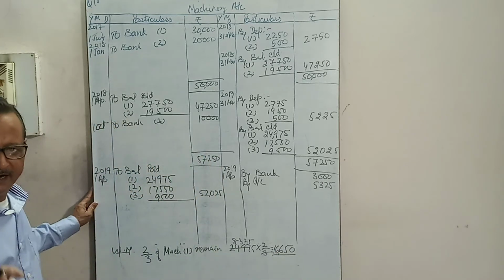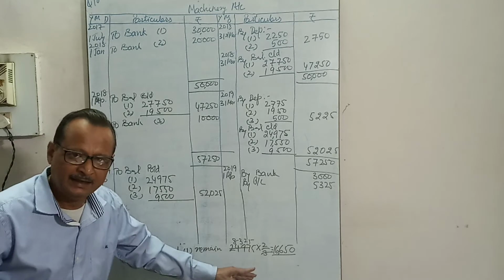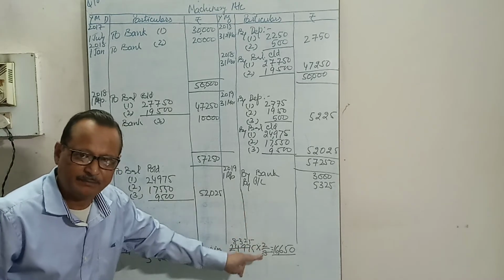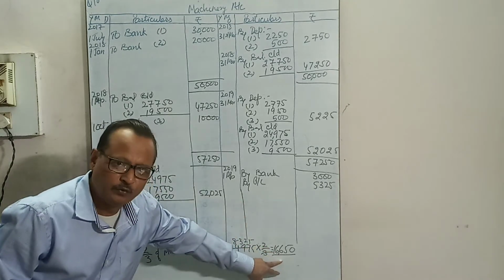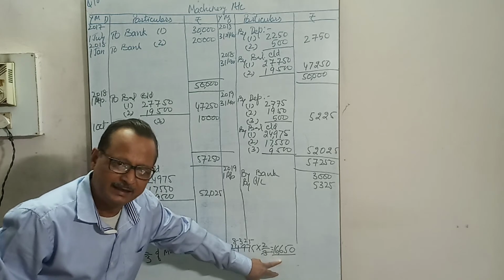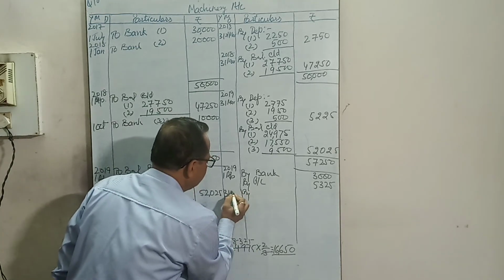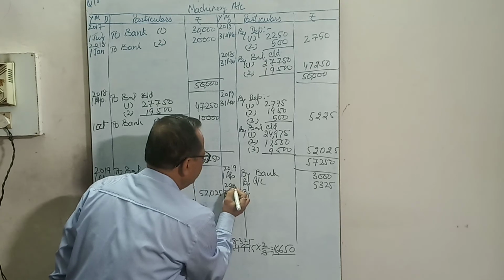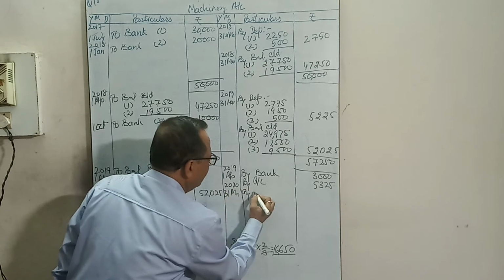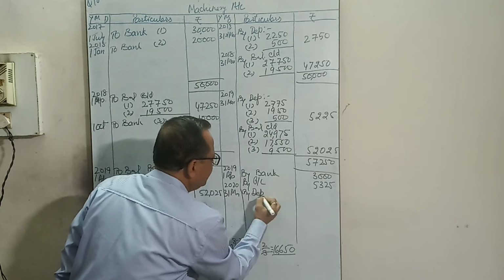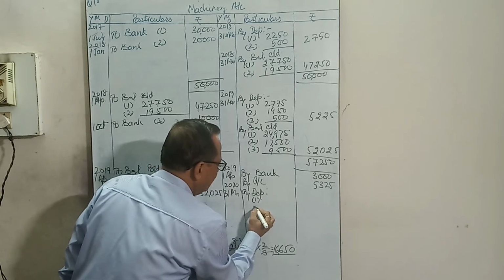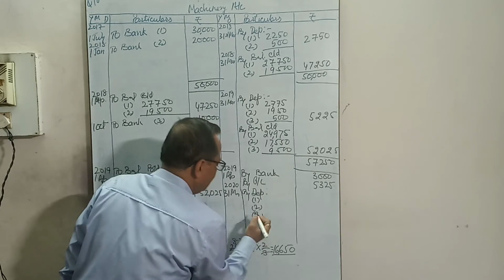This part is remaining in hand and it will work the whole year, and on it we will charge depreciation at this book value. Diminishing balance method is there, 10%. So we will charge on 31st March 2020, by depreciation, machine number 1, machine number 2, machine number 3.